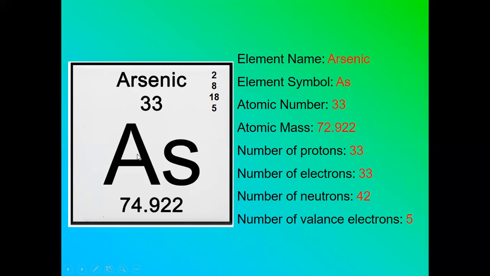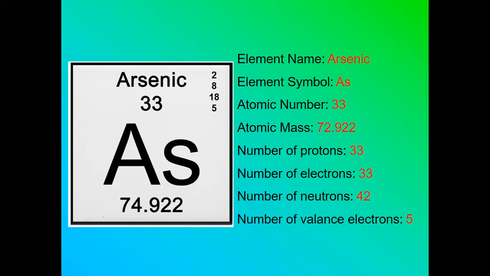This one's a little bit trickier. Remember, here's our atomic mass, 74.922. When I subtract 33 away from that, I'm going to get 41.922. Because in math we round up, we end up with 42 total neutrons, because remember, an atom can't have part of a subatomic particle.